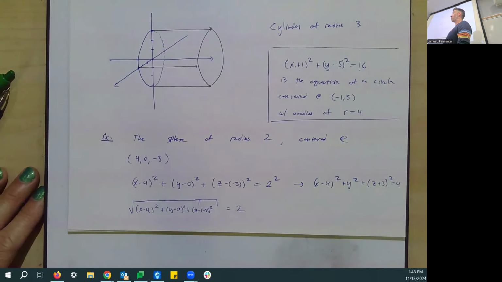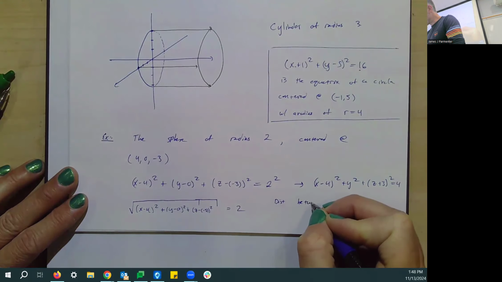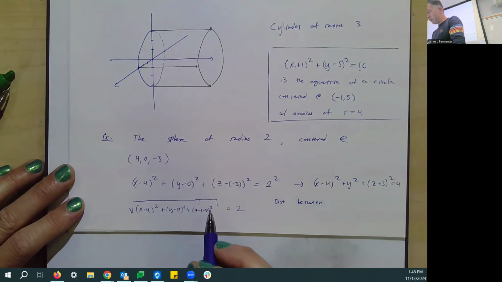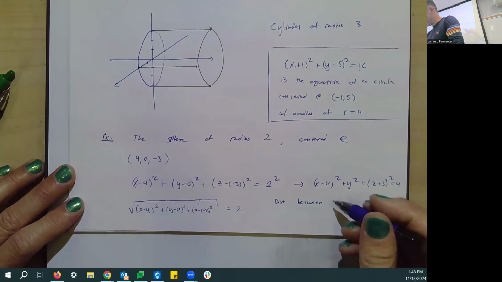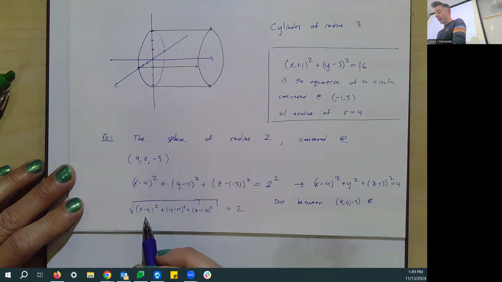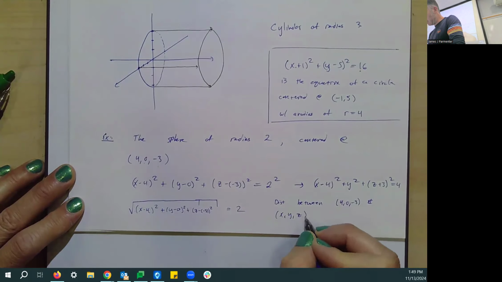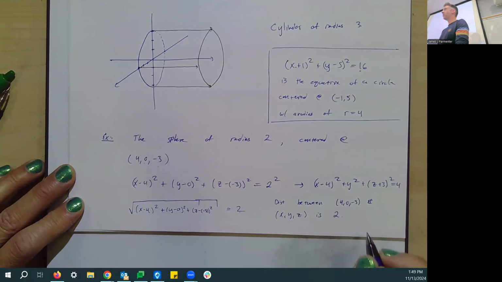Or in other words, the distance between the point 4, 0, negative 3 and any point x, y, z is 2. The radius.